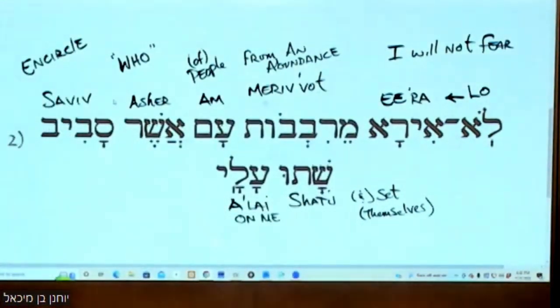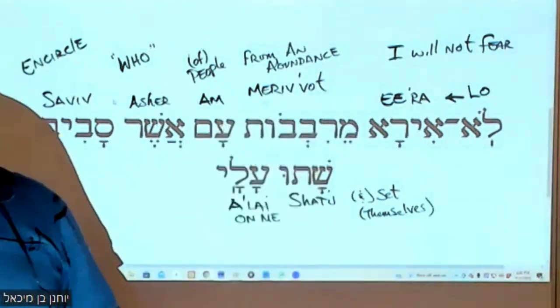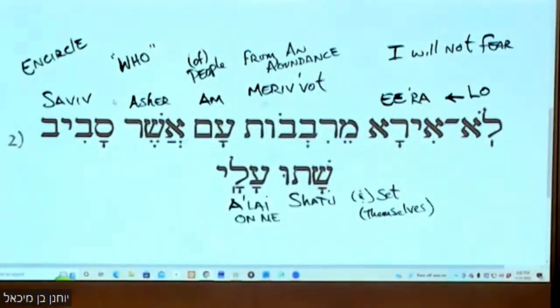So what we've got here is Psalm 3 and 6. Now this may be more familiar when we hear it in the King James, right? King James says, I will not be afraid from 10,000s, right? That's what I'm saying. King James attaches numbers to things where Hebrew really doesn't.